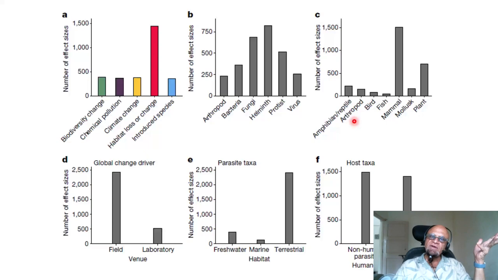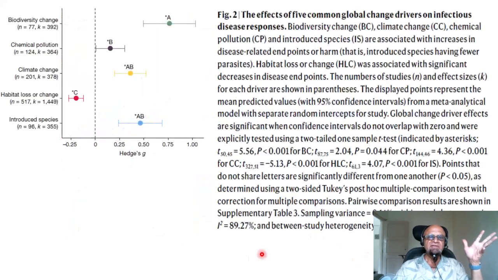Here you have again amphibian, reptile, arthropod, bird, fish, mammal, mollusk and plant, and you have venues, habitats and human parasite status. So I won't go into the detail. The main point I want you to get out of this, if you don't want to read the paper, is that meta-analysis gives you some idea.